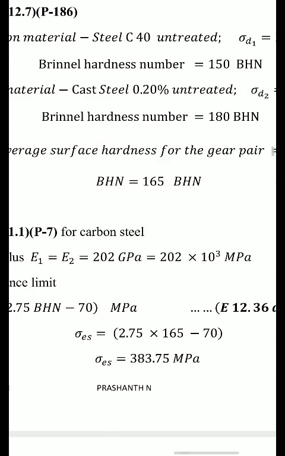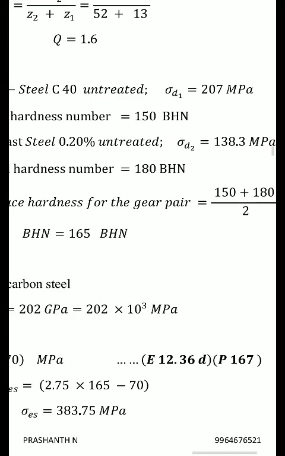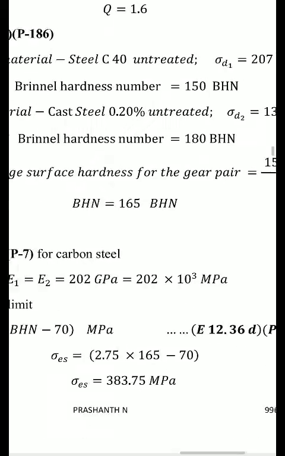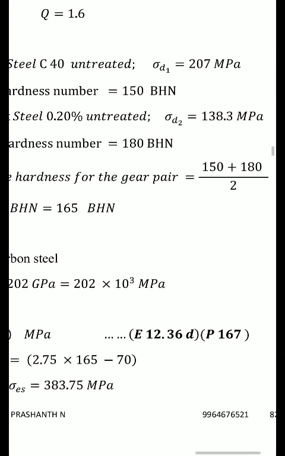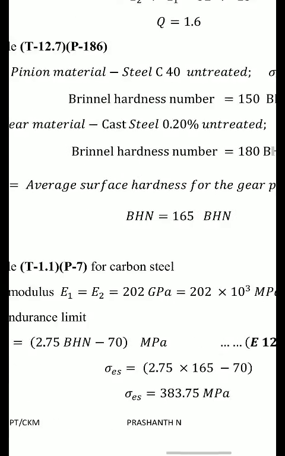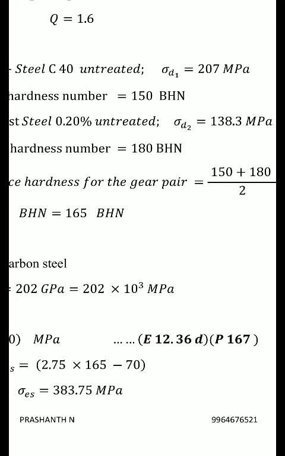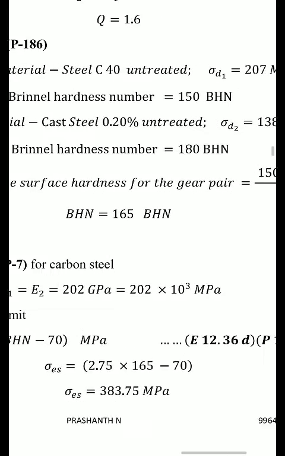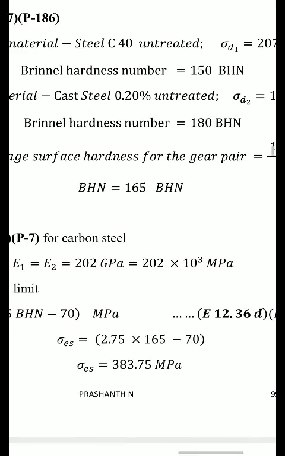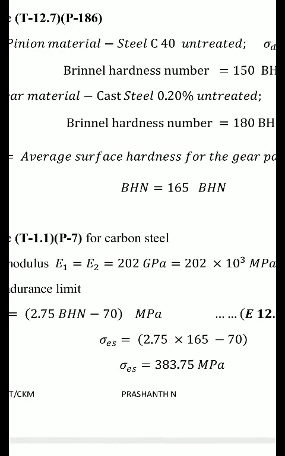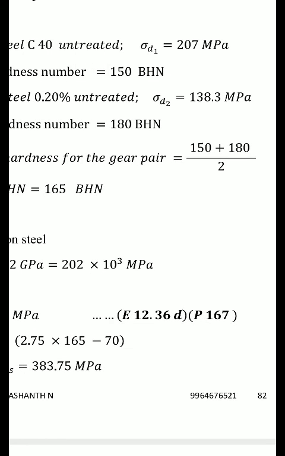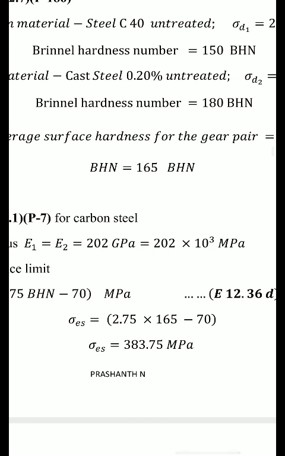Brinell hardness number 165 for sigma_D1, steel C40 untreated; Brinell hardness number 150, cast steel 0.20 untreated for sigma_D2; Brinell hardness 180 BHN. For sigma_D1 we get the BHN 150. For sigma_D2 we get the BHN 180. Next, average surface hardness: we take the average, 150 plus 180 divided by 2. You will get the standard value of BHN as 165.